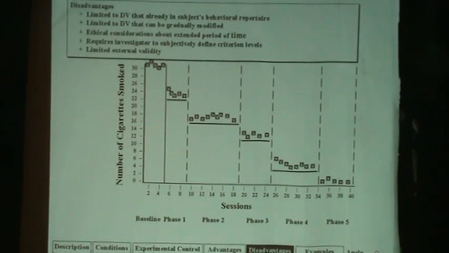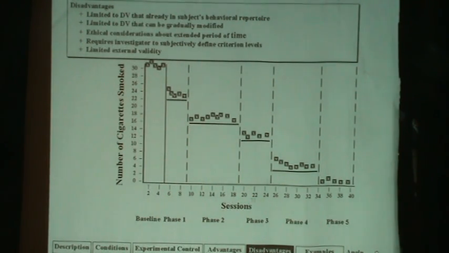Some disadvantages: it's limited to dependent variables that already are in the subject's behavioral repertoire. It's limited to dependent variables that can be gradually modified. There are maybe some ethical questions about an extended period of time that it takes.